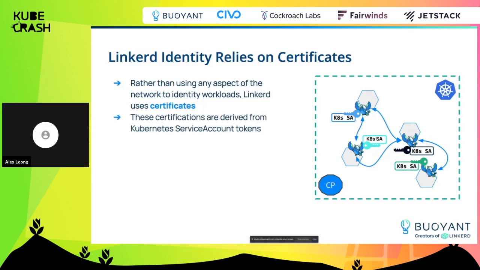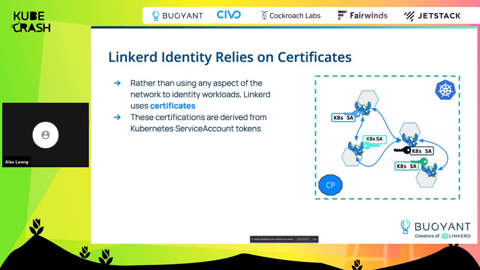These identities, these certificates, are derived from Kubernetes service account tokens. So the service account becomes the unit of identity. When a pod needs to get a certificate in order to participate in mTLS, it sends its Kubernetes service account token to the control plane to prove its identity.